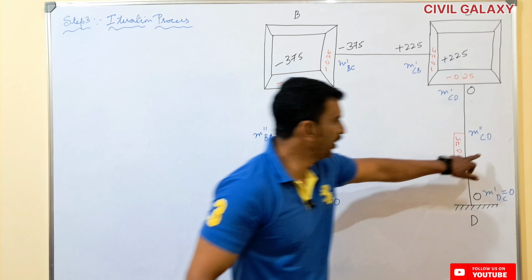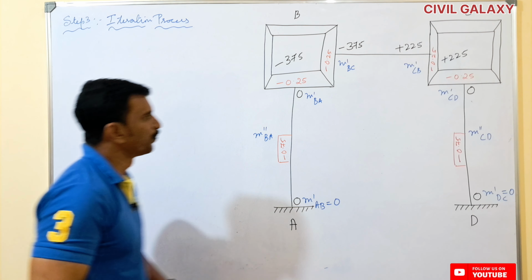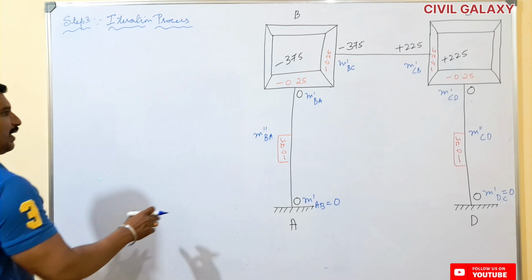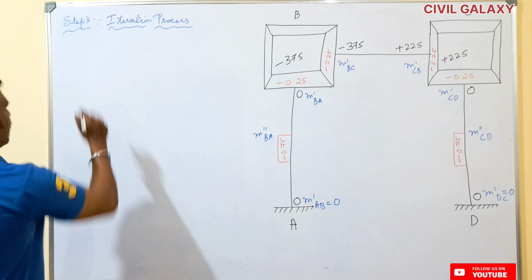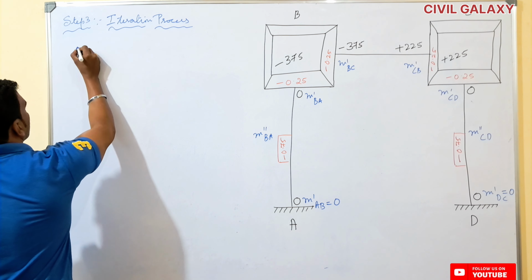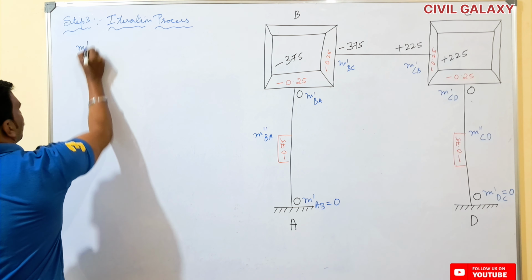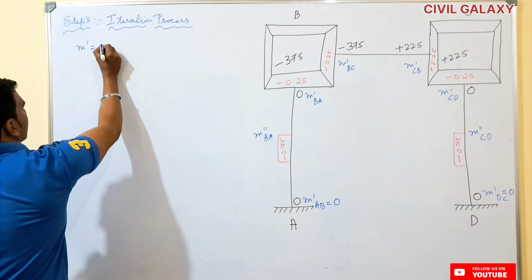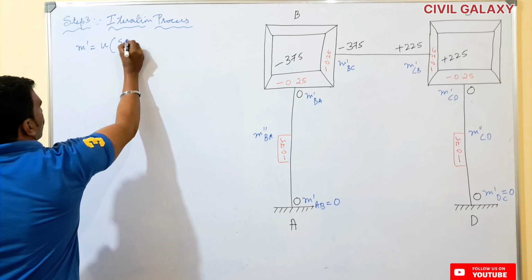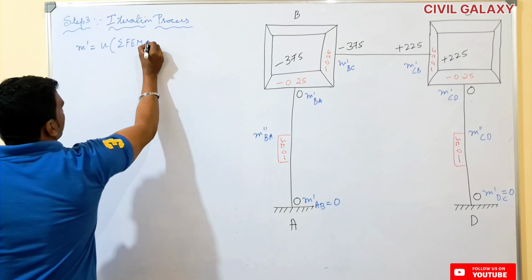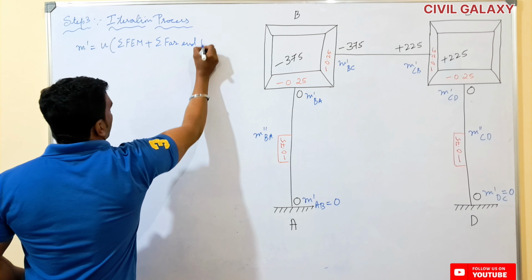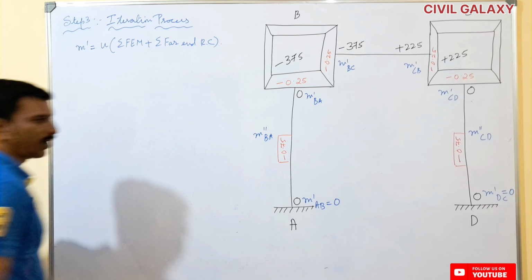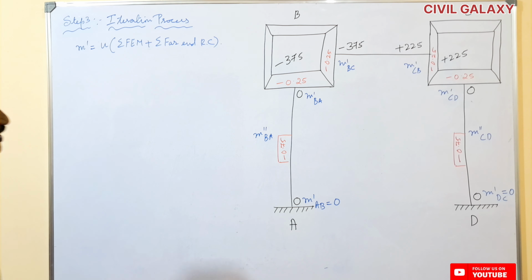These values we need to consider also. Now if we calculate the rotation contributions first, we know the formula: M dash is given by the rotation factor into the summation of fixed end moment plus summation of far end rotation contributions. This is the formula which we have learned from the previous classes.